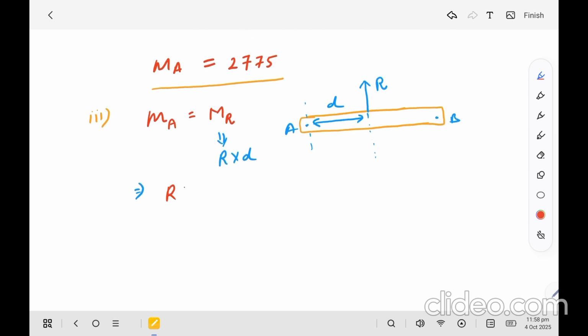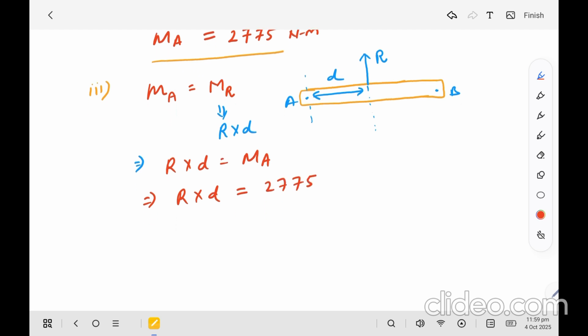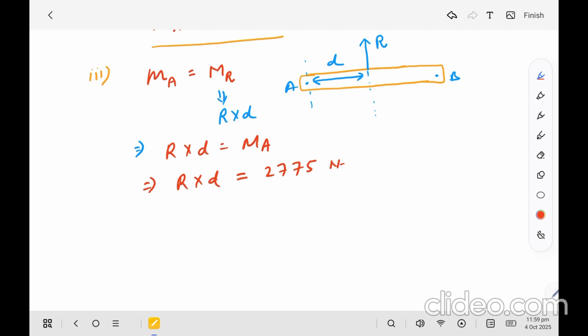R into D is equal to MA, and the value of MA is 2775 Newton meter. So D is 2775 divided by 300, in meters.